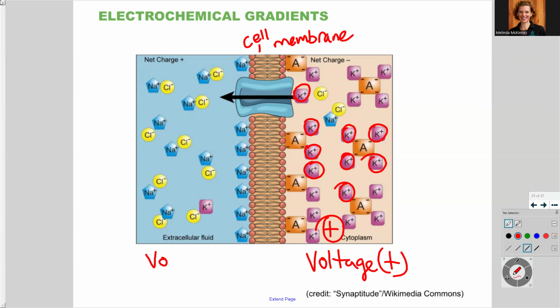So the voltage over here might be a little bit lower. Sometimes you can create charge imbalances, and it basically is like charging a battery. Charge a battery, and then you can have that ready to go. And if you need to send a signal, you basically open it up and let that signal go. And that's how we send nervous impulses through the body.